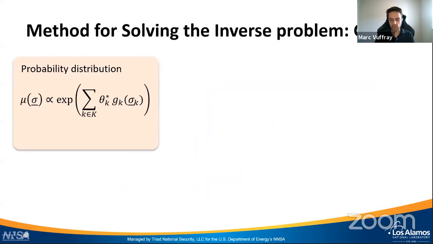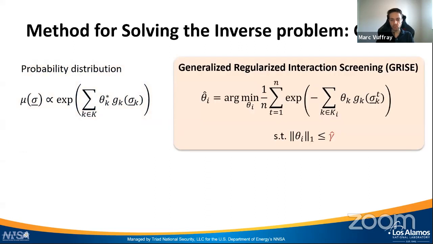Okay, so what is this interaction screening loss? We have this probability distribution, our exponential family. This is our guess of what the probability distribution should be, and I will tell you to minimize this function. What is this function? Take all the factors around one single node. On the probability distribution on the left, you have all the possible nodes or variables involved.